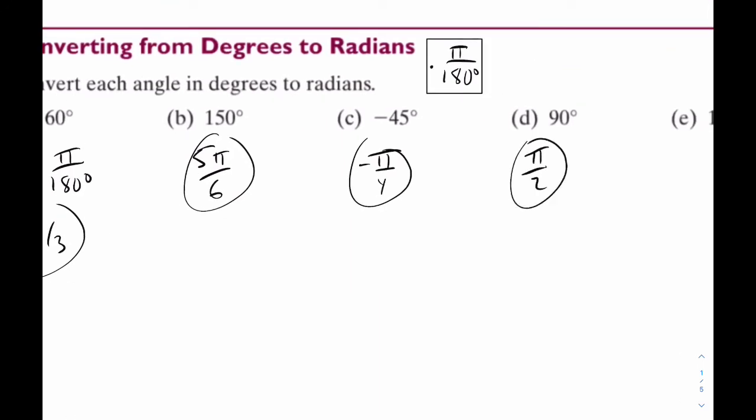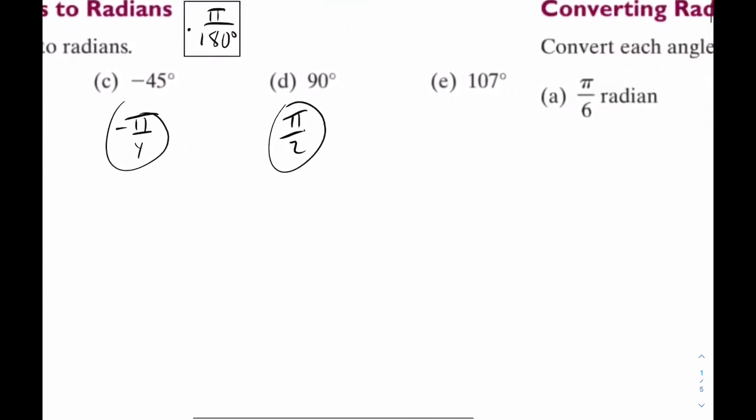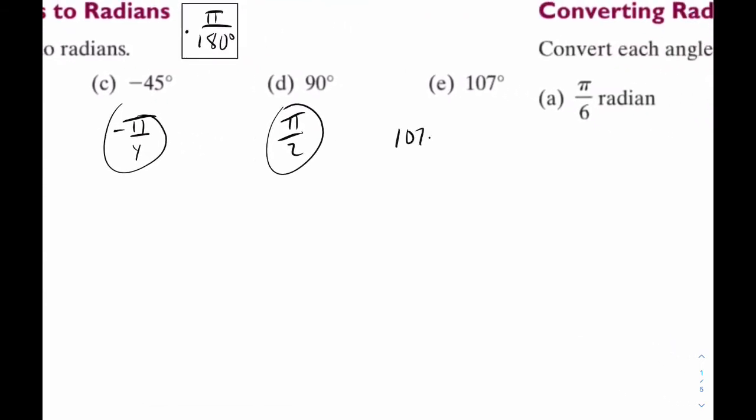Pi over 2. And this one's kind of weird. We'll work this one out. 107 times pi over 180. Notice that there is no common factor between these. So the answer is simply 107 pi over 180.